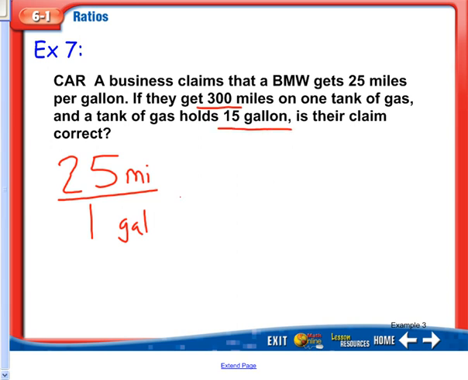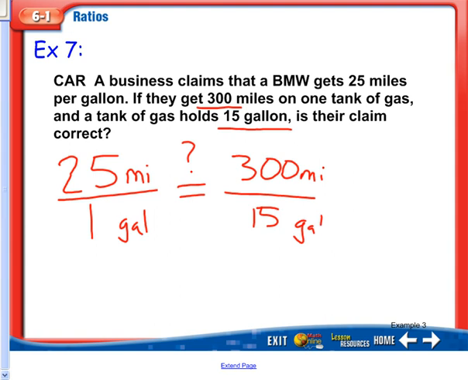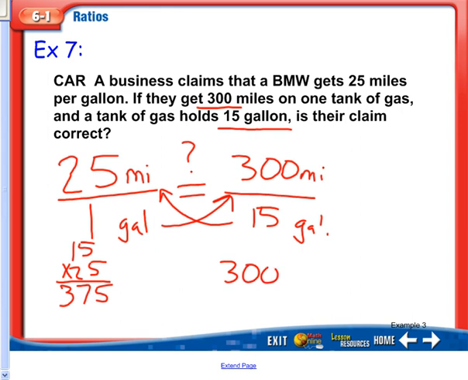So since miles were on top, I'm going to put miles on top again, over 15 gallons, and see if they are equal. So we're going to have to do 15 times 25. And I know that 15 quarters are going to get me 375 cents. And then 1 times 300 is going to be 300. And since 375 and 300 are not equal, the claim is incorrect.